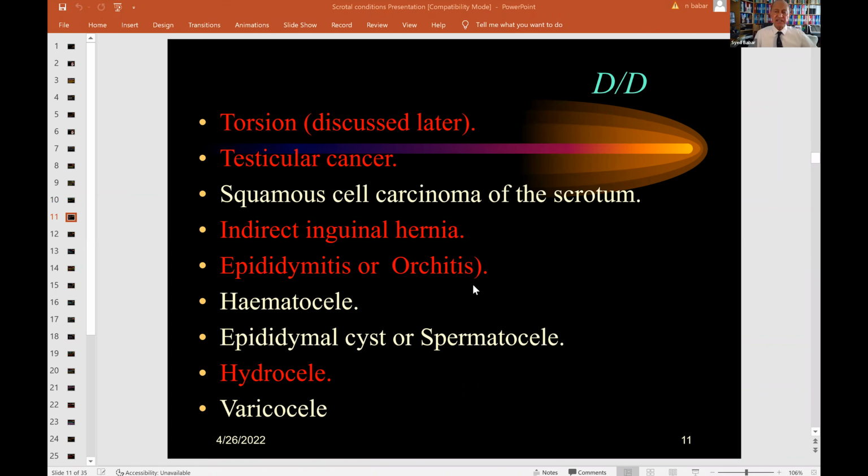So the differential diagnosis of epididymo-orchitis includes, number one, torsion of the testicle, and we'll talk about it in detail as we would about testicular cancer.